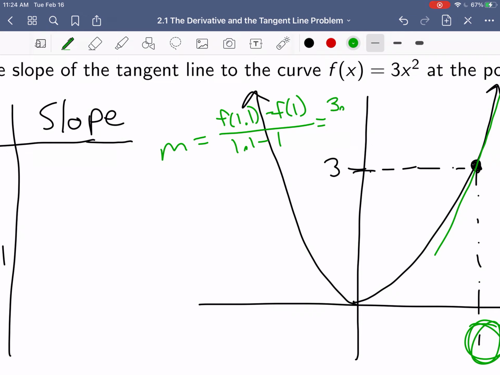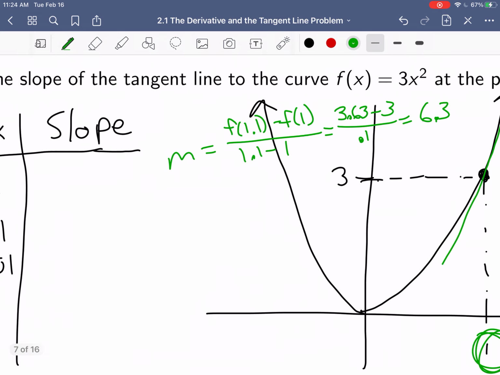If we plug 1.1 into that original function, we get 3.63 minus 3 over 0.1. And if we do that, we are going to get 0.63 over 0.1. And so that is 6.3.